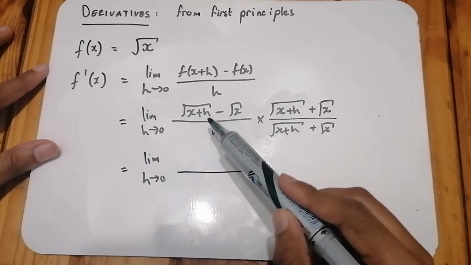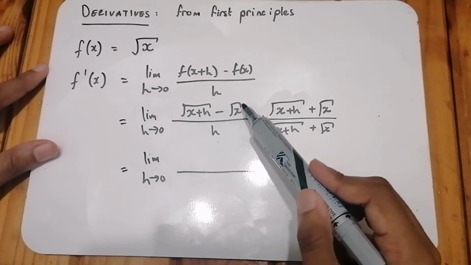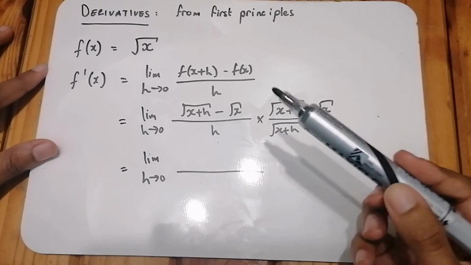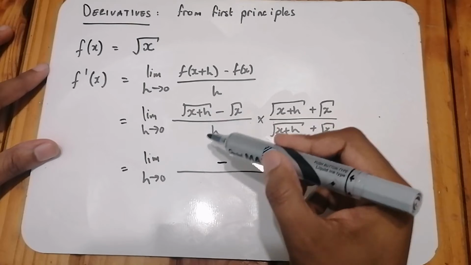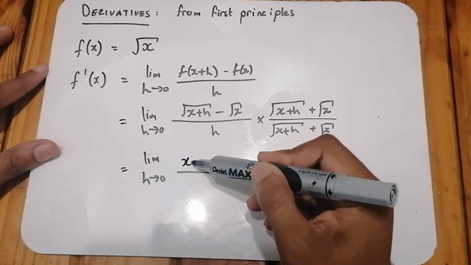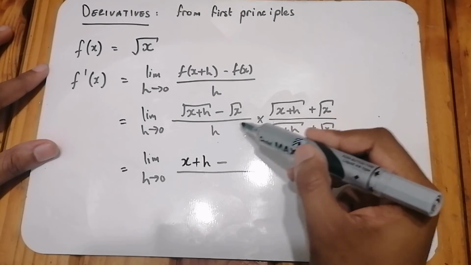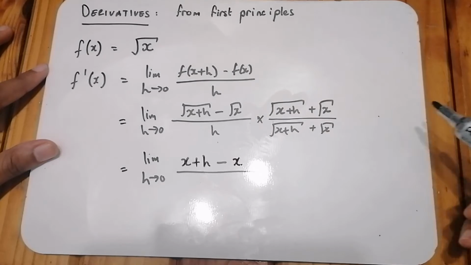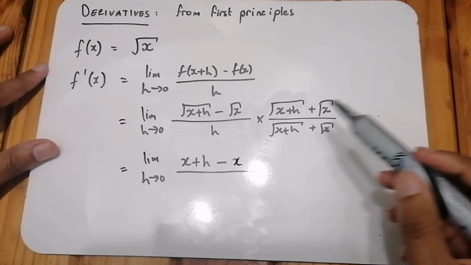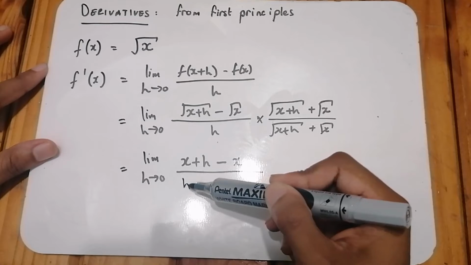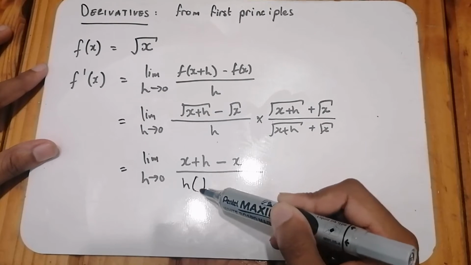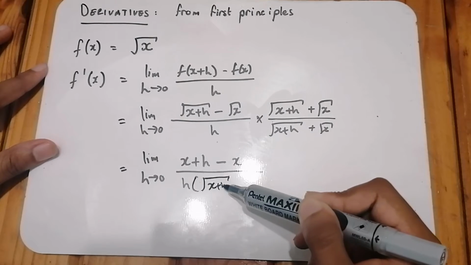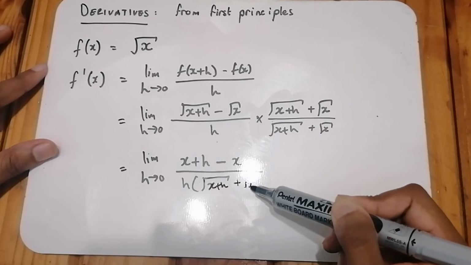We have a difference of squares, which means I'll just square that, and I'll square this, and leave the minus in the middle. So when you square this, we get rid of that square root, and when we square this, again we just get rid of the square root. And the denominator will have the h being multiplied by this square root plus that square root.